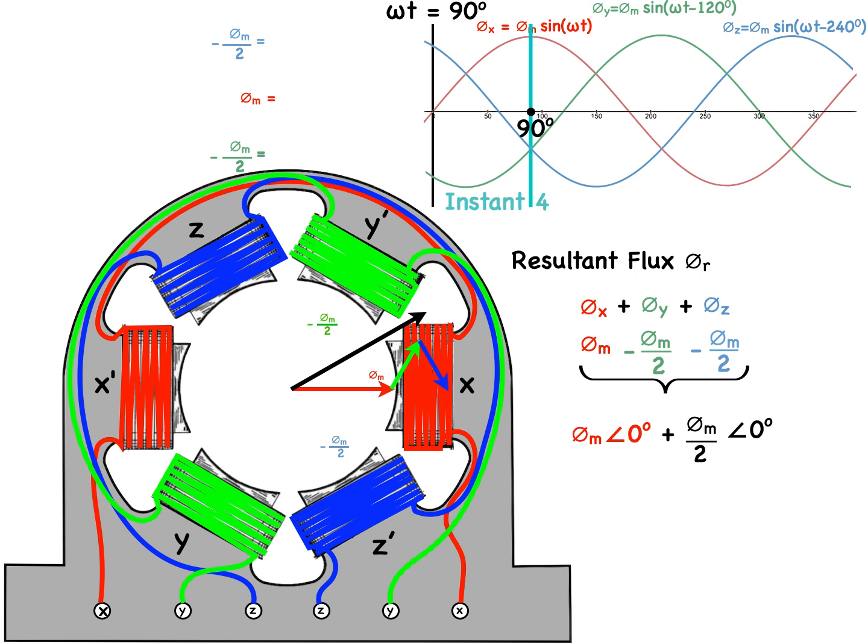I know this from some of the results before, and it's just the third side of an equilateral triangle. All added together results in a phasor, which I've indicated as a black arrow, for instant of time number 4. Written in polar notation, it's 1.5 phi m at 0 degrees, which, as you can see, is the same as the last calculated phasor, shifted 30 degrees.